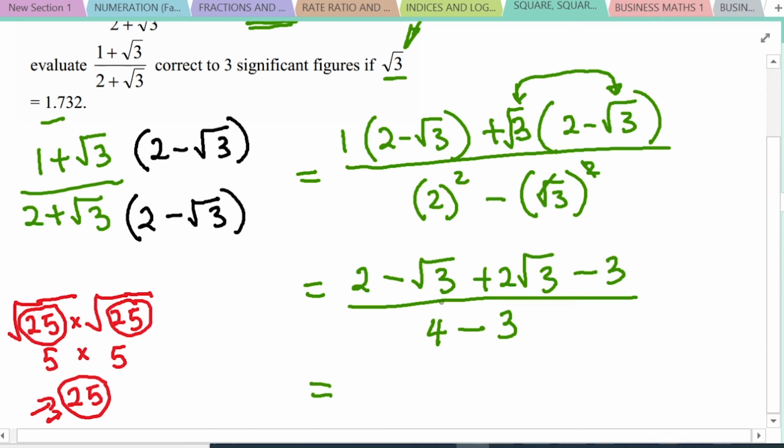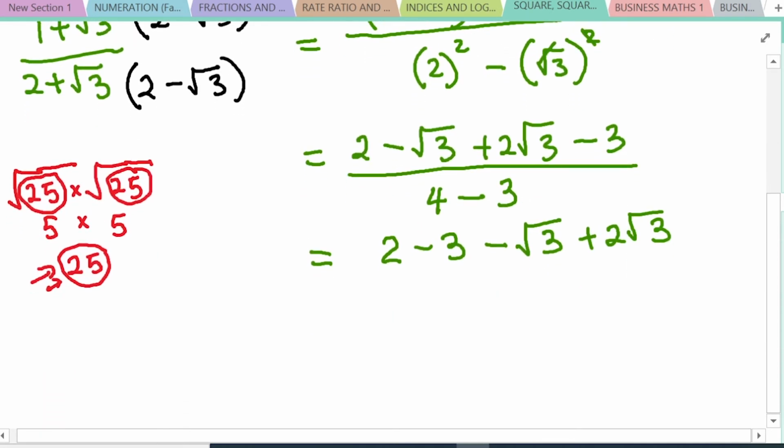So this is going to become, on the numerator, we collect like terms, this is going to become 2 minus 3 minus root of 3 plus 2 root of 3, all that divided by 4 minus 3, which is 1.